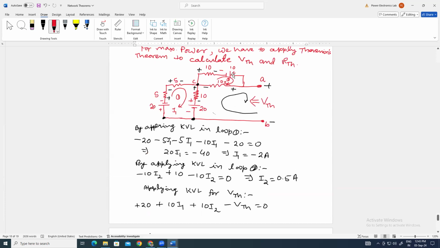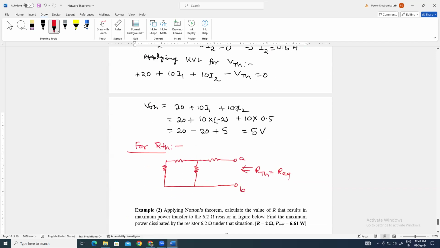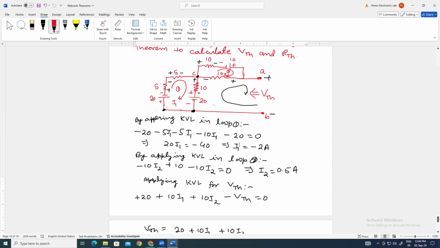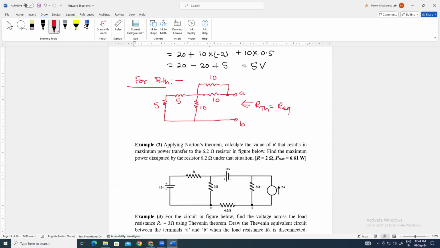And one 10 ohm resistor is also there across. 5, 5. यही था. 5, 5, 10, 10, 10. These sources, voltage sources are short circuited. Voltage sources here short circuited. Here also voltage sources short circuited.